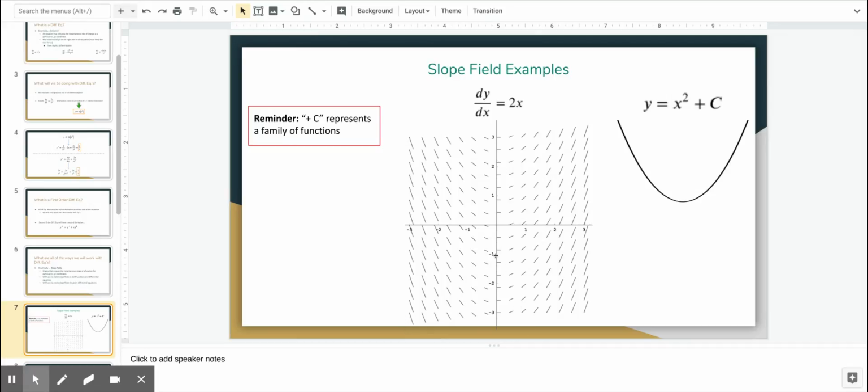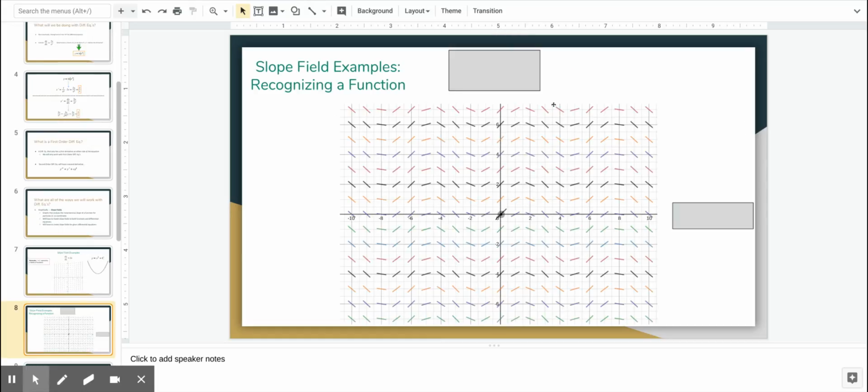So typically you only do it for whole values of x and y, so just 1, 2, 3, negative 1, 2, 3, or maybe even 1/2, 1, 3/2, 2, 5/2, and so on, just to give you an idea of what those slopes might look like and what functions might match this differential equation.